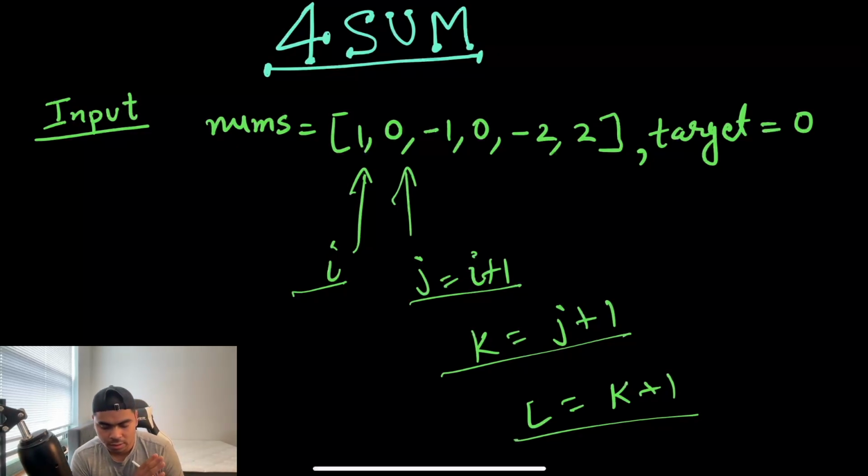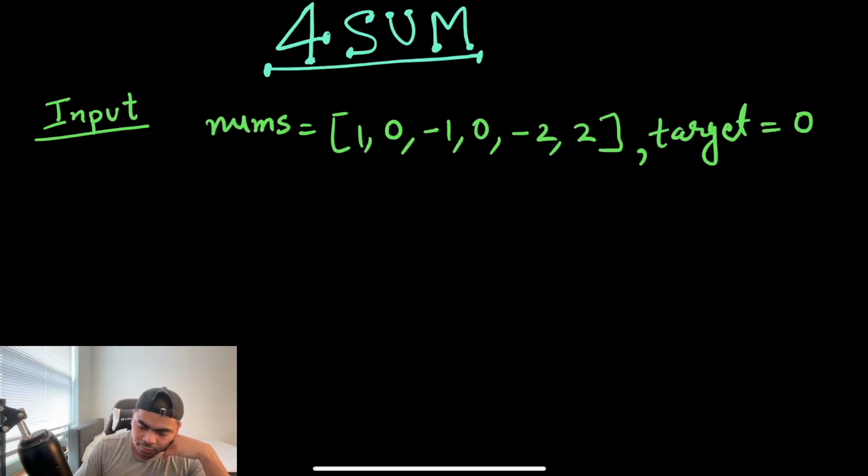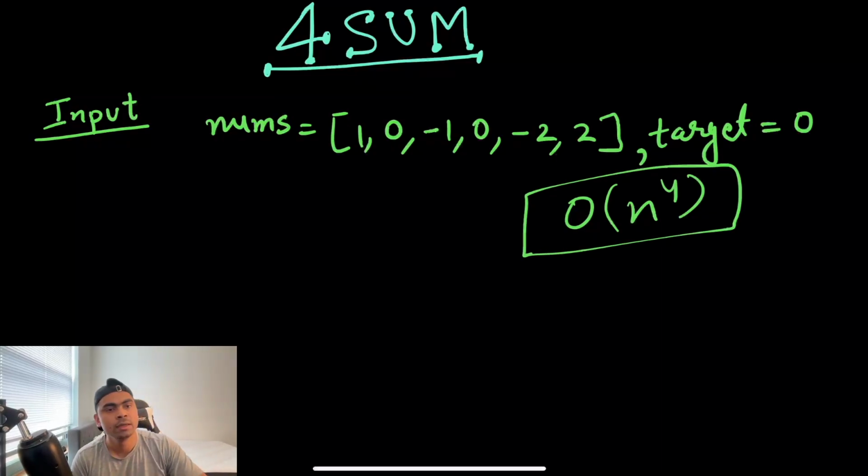You have 4 loops running over all the values of nums, and you're trying to find if the sum equates to target, then you add it to your result array, and that will give you a time complexity of big O of n to the power 4, right?